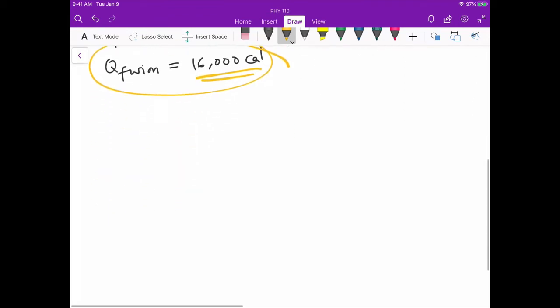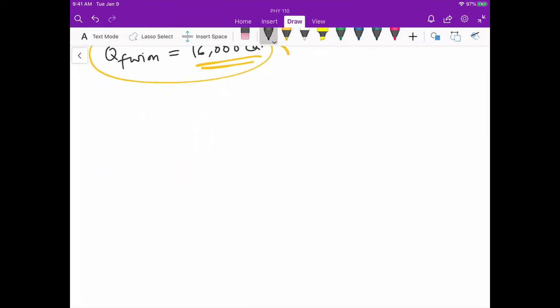Okay, then the next problem that I'd like to look at is E1 in your textbook. At the end of the chapter, there are exercise problems that we normally solve. So E1 states an object has a temperature of 22 degrees Celsius.